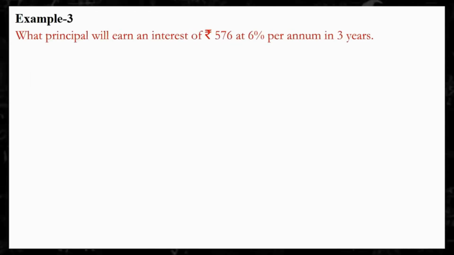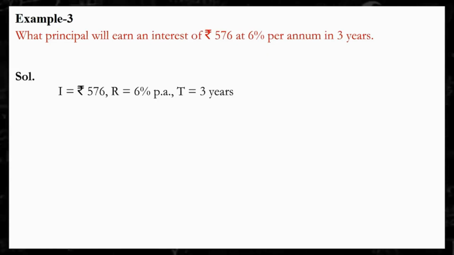Example 3. What principal will earn an interest of rupees 576 at 6% per annum in 3 years? Solution. I = rupees 576, R = 6% per annum, T = 3 years.